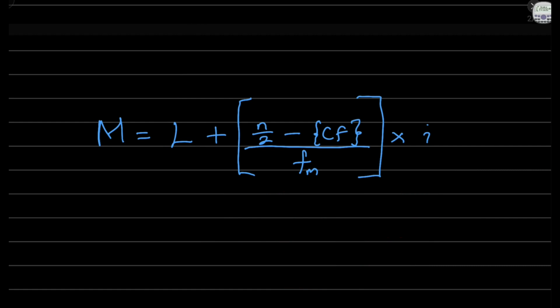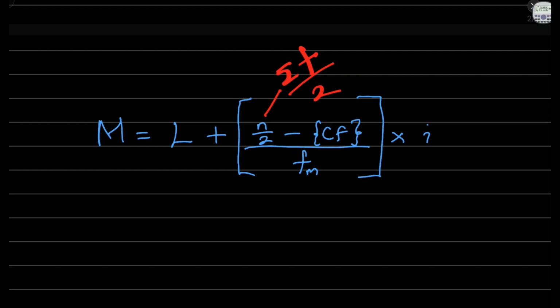But let's just streamline this example to a frequency distribution of the inclusive type. So L here will refer to your lower class boundary, where N still remains your total frequency. So N over 2 means your total frequency divided by 2.